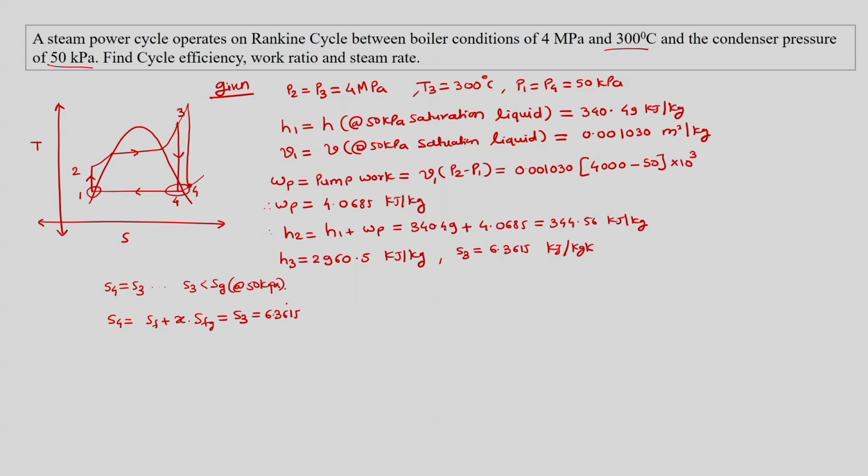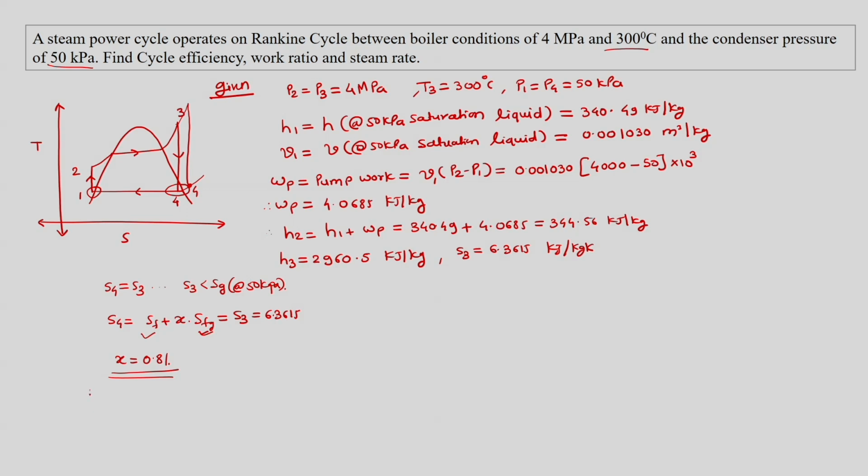Then we can know what Sf is and what Sfg is, which is the latent entropy required for phase transfer. Knowing Sf and Sfg from the steam table, we can find out X. So here we get X is equal to 0.81. So this is the dryness fraction at state 4.